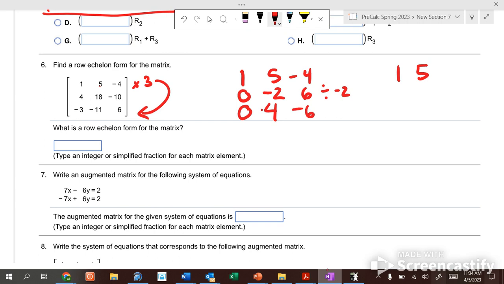The next thing I'm going to do is divide this row by negative 2. So 1, 5, negative 4, 0. If we divide it by negative 2, I get a positive 1. Divided by negative 2, we get negative 3.